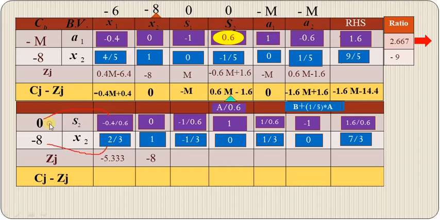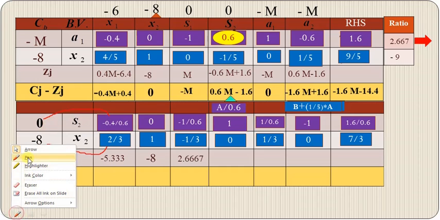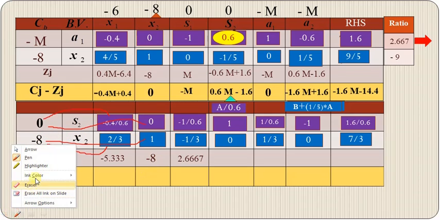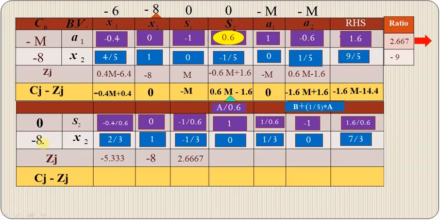Then next one, 0 into 0 plus minus 8 into 1, you will get minus 8. Then minus 8 into minus 1 by 3, you will get 2.6667. Then you will get 0 minus 2.6667, 0.